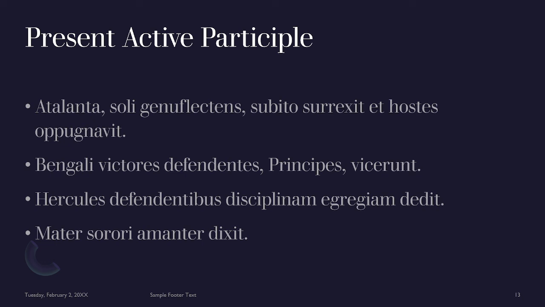Sorori, to her sister. How did she do it? Well, amanter being an adverb would tell us how she did it. And amanter in this case would mean lovingly. As an adverb, don't forget, you've got to put the -ly on it. So lovingly. Still has the -ing because it is a participle, but the -ly now tells us that it's an adverb usage, not an adjective usage.